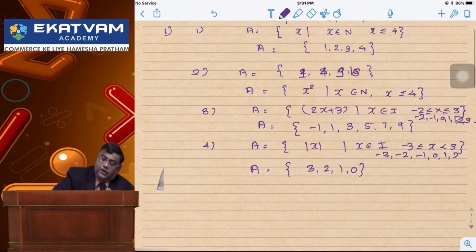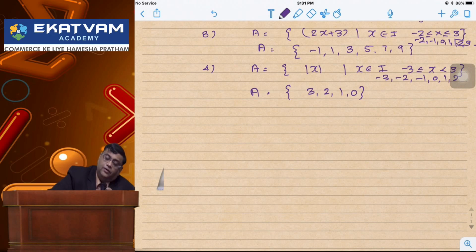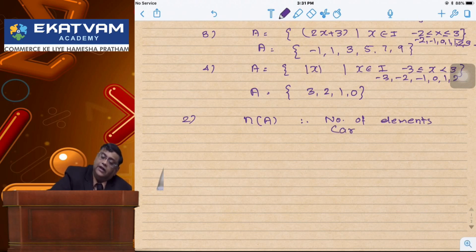As a second point, remember n of A is the number of elements in A. The number of elements in A is called the cardinal number of A or cardinality of A. How many elements are there?